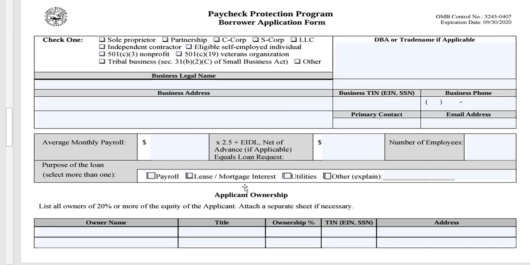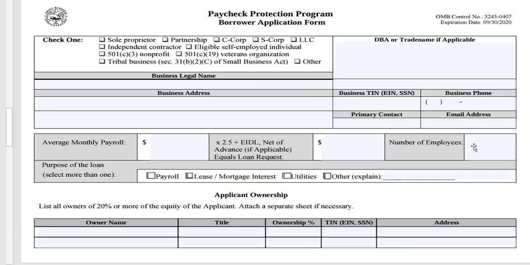You can see here on the actual 2483 application form, there is nothing in the SBA instruction guide that instructs the borrower or applicant what is supposed to go here in this number of employees box, what the calculation is supposed to be, what it is intended to represent or reference.